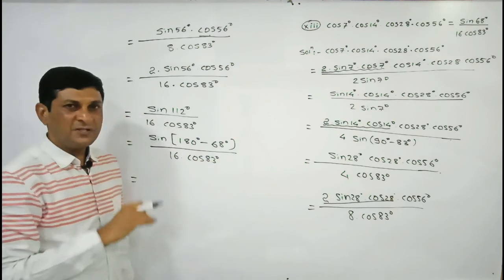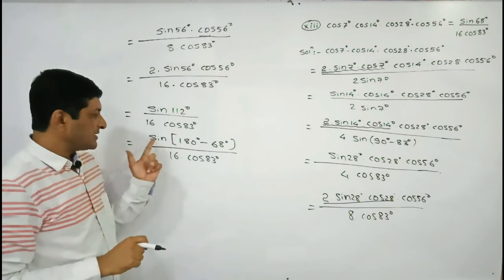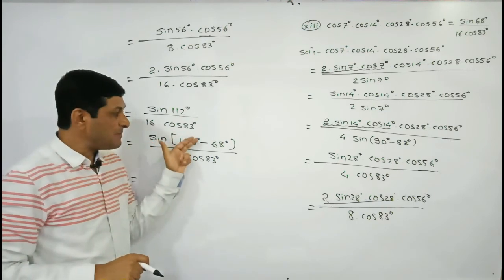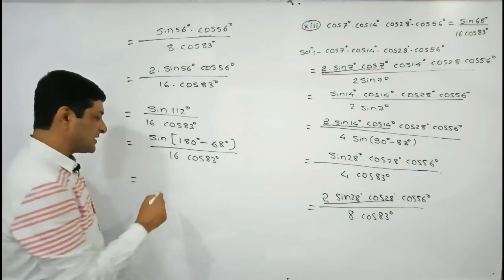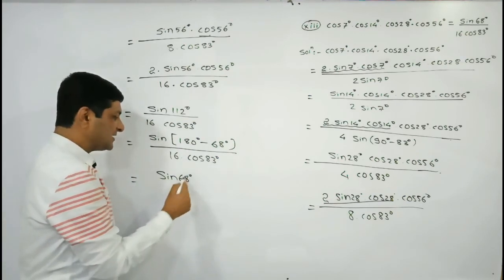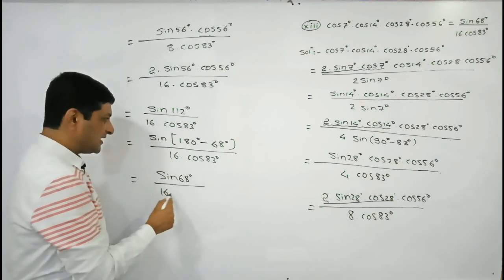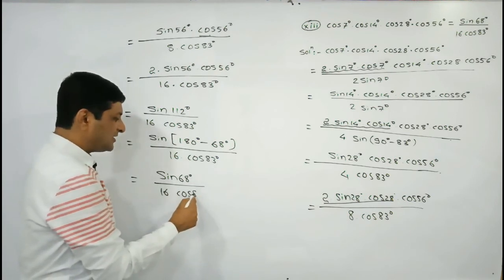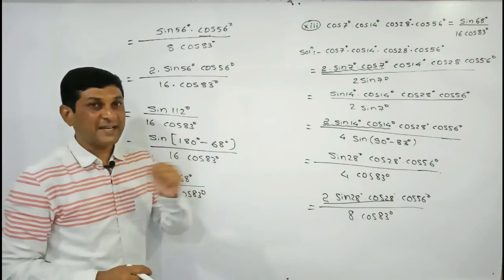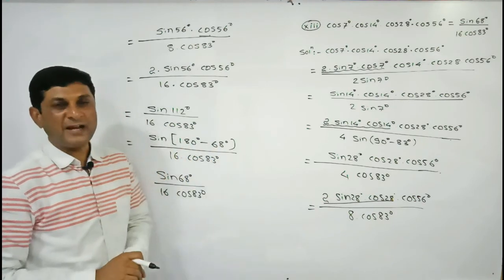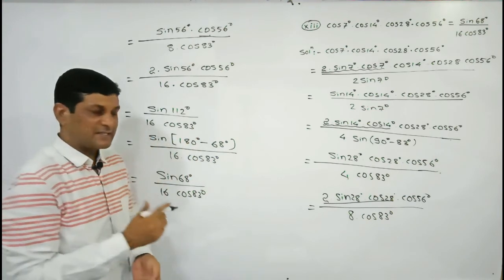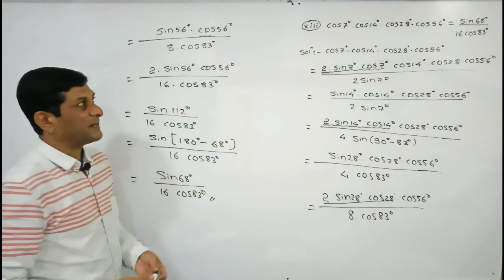So now the terms in the numerator are in the form of sin 180, 180 means pi. And sin of pi minus theta will be equal to sin theta. So sin theta, what is theta here? 68 degrees. And in the denominator, 16 cos 83 degrees as it is. So 180 minus means second quadrant, and in the second quadrant the value of sin is what? Positive. So that's why here we have got plus sin 68 degrees, and this is nothing but our required result.